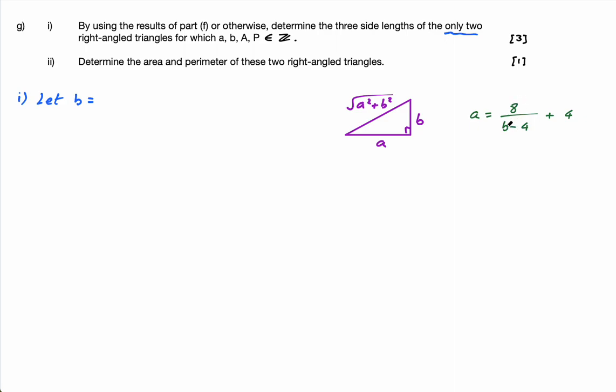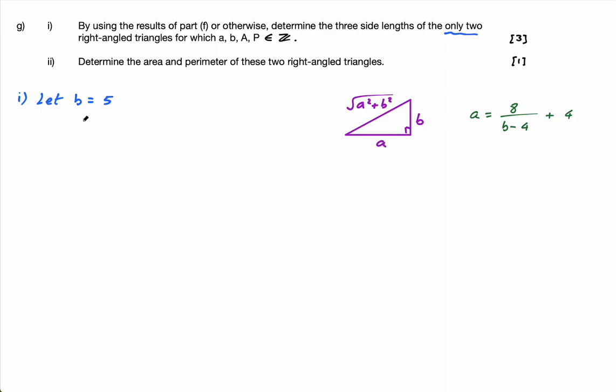So B has to be either 5, because 8 divided by 1 is an integer, or 6, because 8 divided by 2 is an integer, or it could be 8 because 8 divided by 4 is an integer, or it could be 12 because 8 divided by 8 is also an integer. So we're just going to try each of them and we'll stop once we get to 2. So let's first try B equals 5.